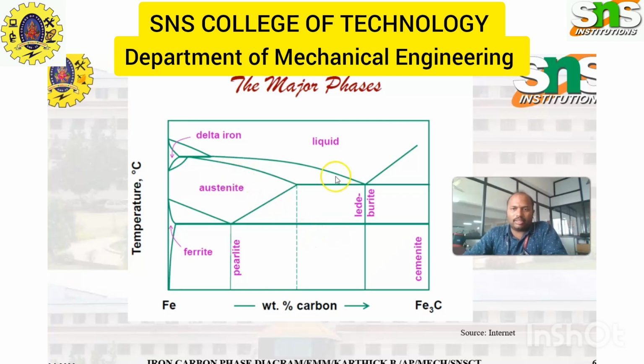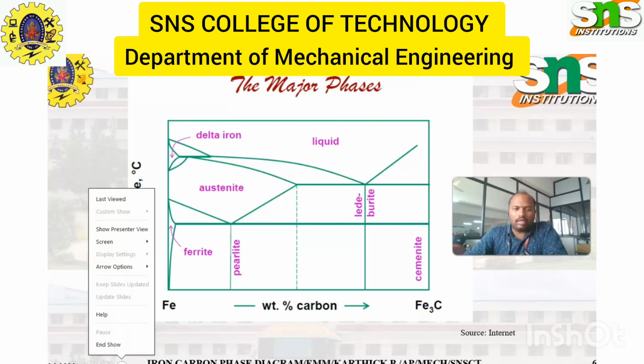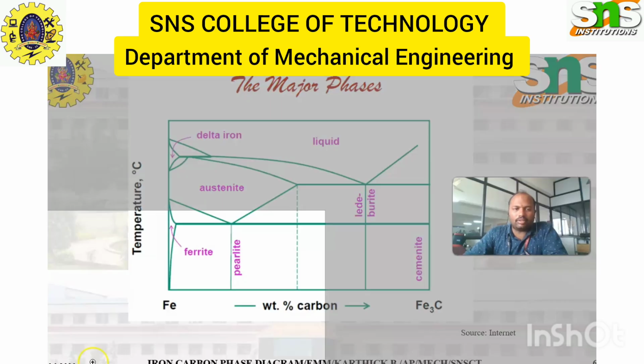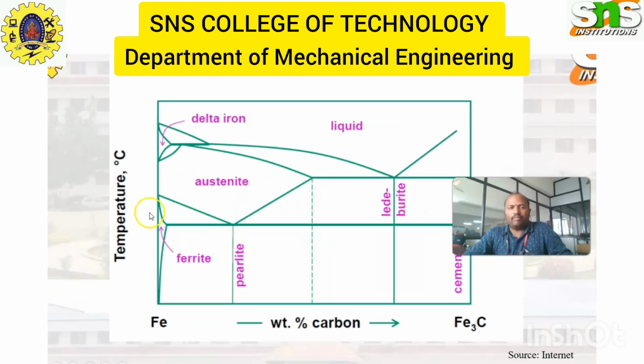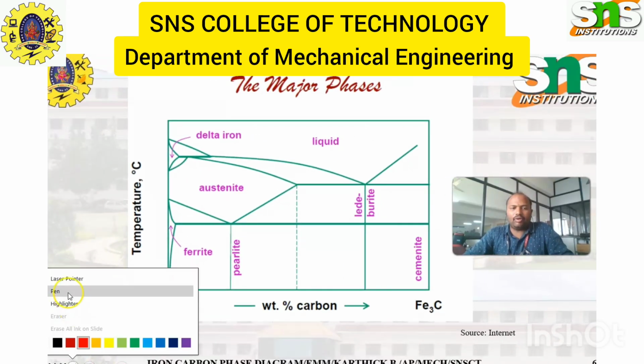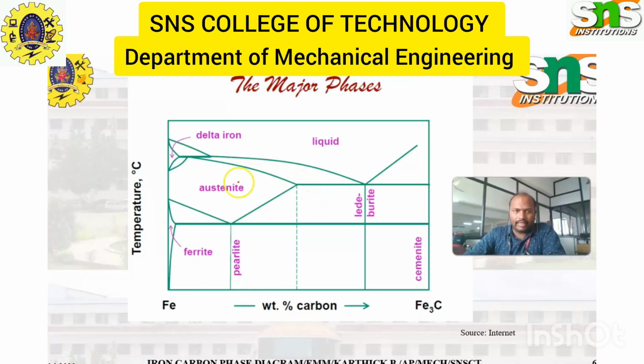Next, apart from this, these loops are the regions that contain combinations of the nearby major phases. This region has austenite and delta iron.